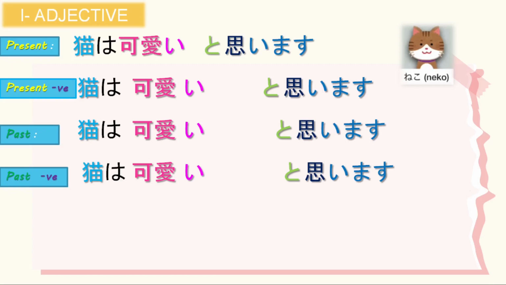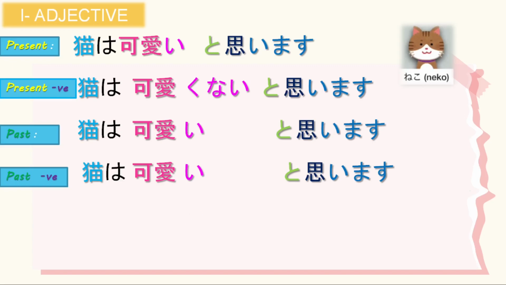So 可愛い is an e-adjective. 猫は可愛いと思います, I think cats are cute. Let's say, I think cats are not cute, or, I don't think cats are cute. To make 可愛い negative, you just drop the e and add くない. So now, 猫は可愛くないと思います. Great.